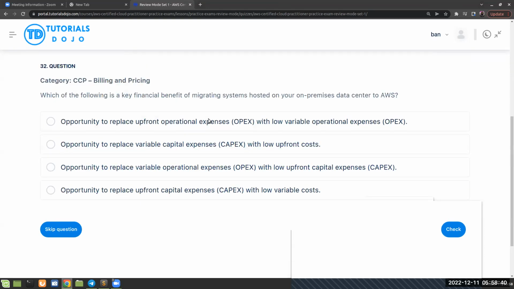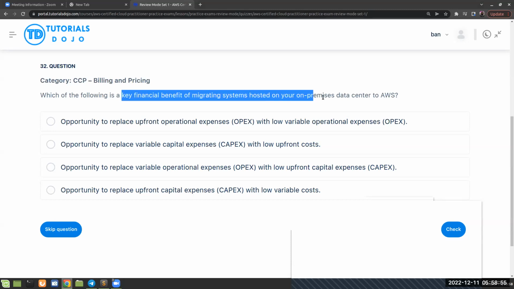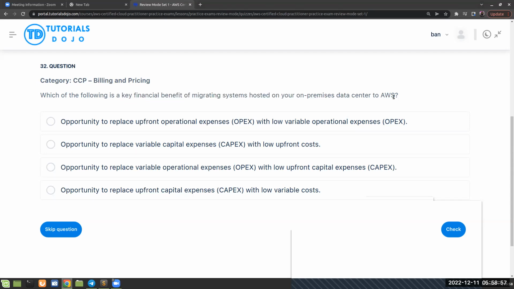Okay, then we're coming back to you. Which of the following is a key financial benefit of migrating systems hosted on your on-premises data center to AWS?